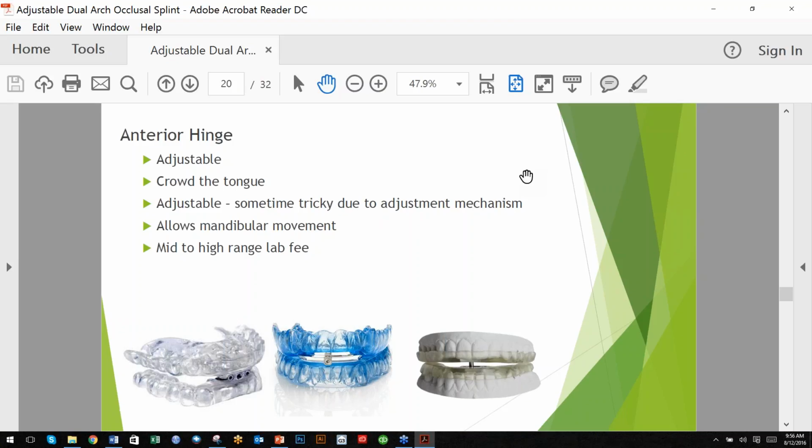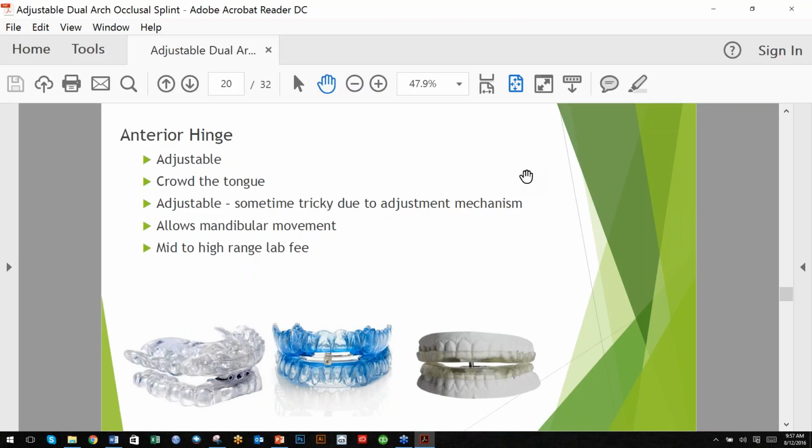The silencer has a pin in a box mechanism, and when you adjust it, that pin gets pushed, causes anterior movement, or causes the patient to become more protrusive.